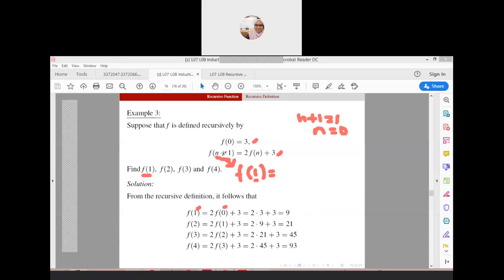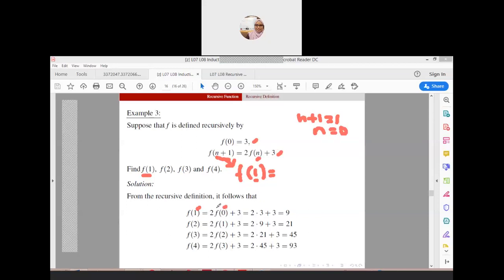When we find f(1), our n is 0, which gives f(0), because here we have to replace the n value. The n value becomes 0. So f(1) is equal to 2f(0) plus 3.